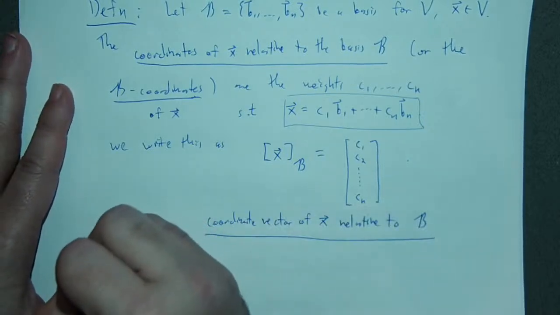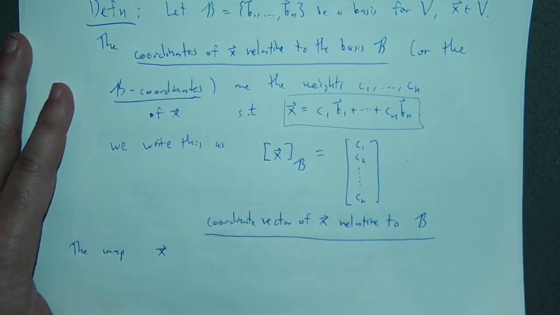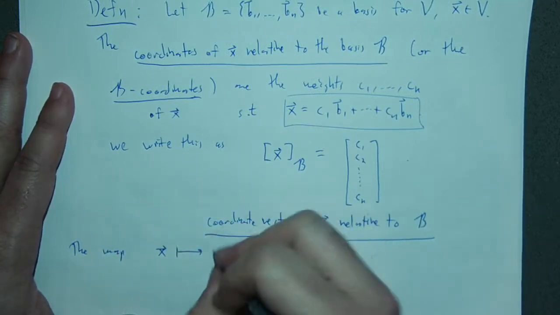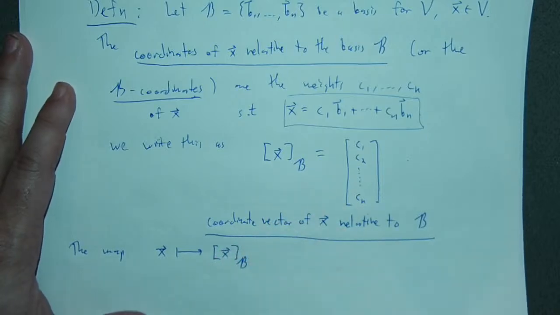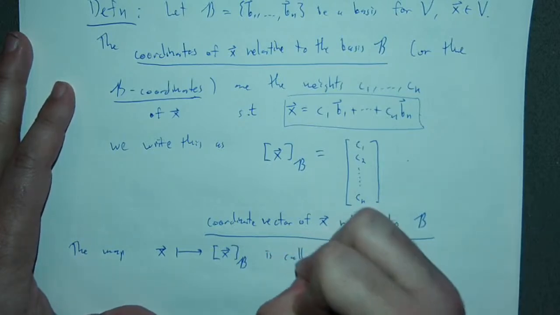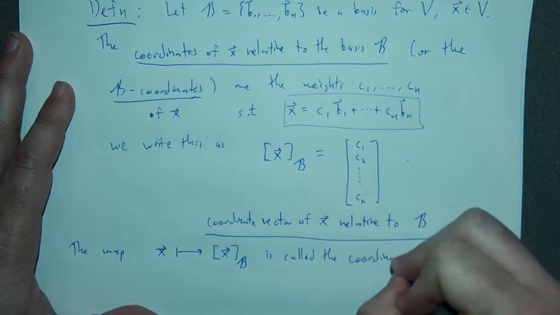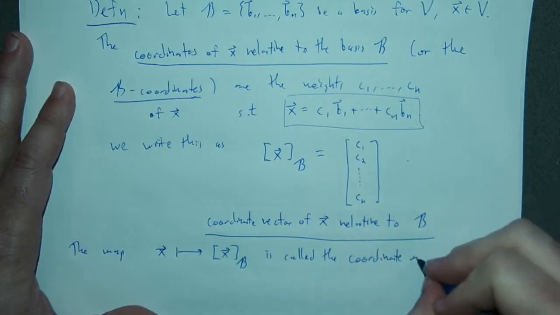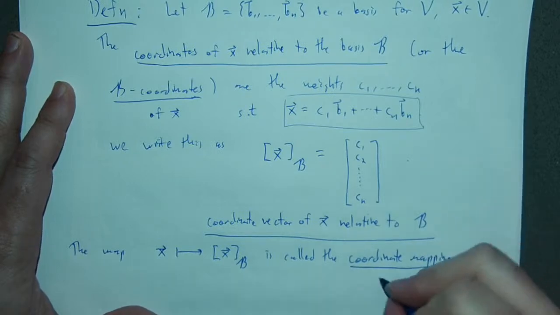Also, and this is important, the map that sends a vector x to its B coordinate vector is called the coordinate mapping. So this is the coordinate mapping determined by B.